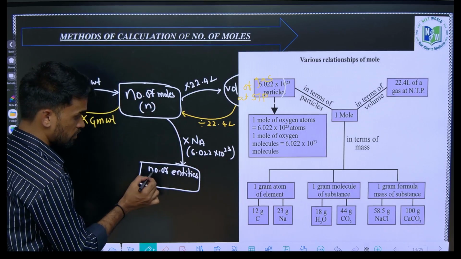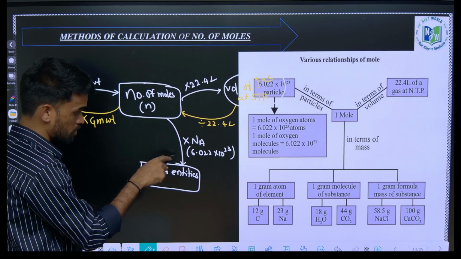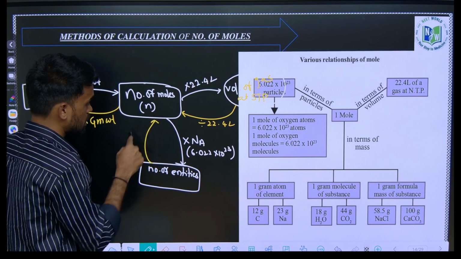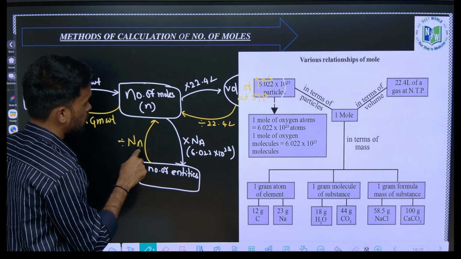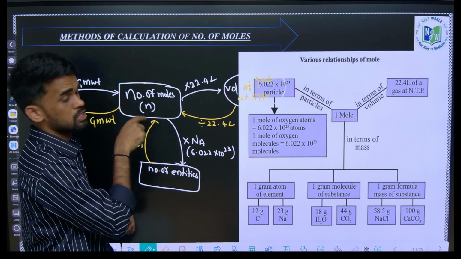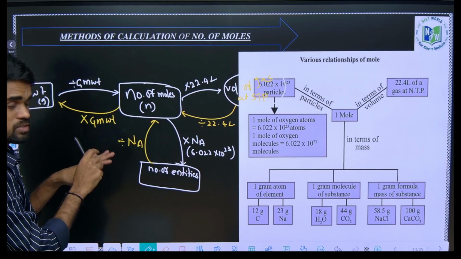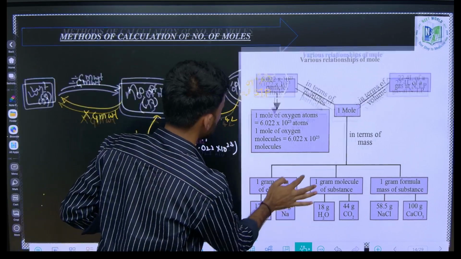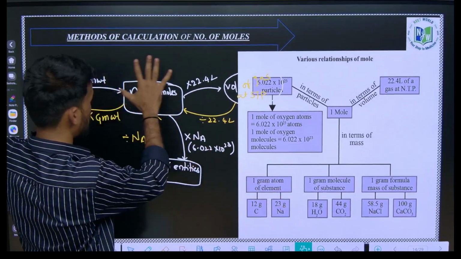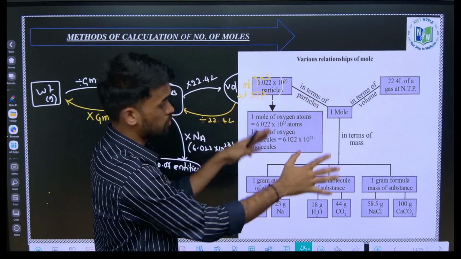If they provide this number of entities, just divide this with Avogadro number, we are going to get number of moles. So this is how you can interlink all these three things. Okay. I hope it is very clear. So you just apply this concept over here, you will get more clarity.